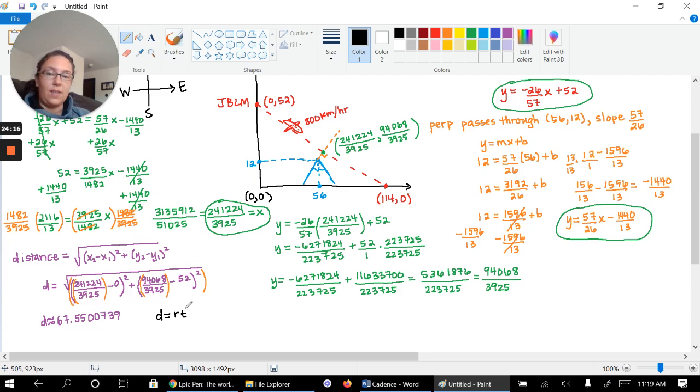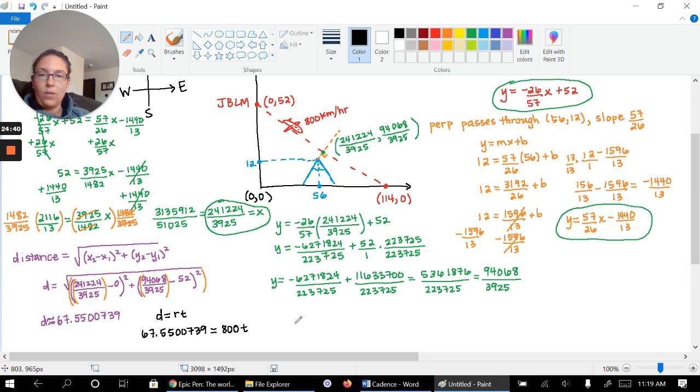Rate in this case is speed, and so the distance, 67.5500739, that's in kilometers because everything on here was in kilometers, is equal to the speed. We were told that the speed was 800 kilometers per hour, times the time.